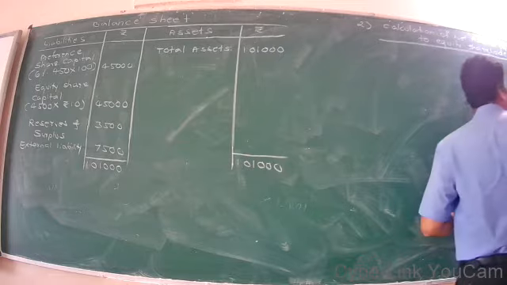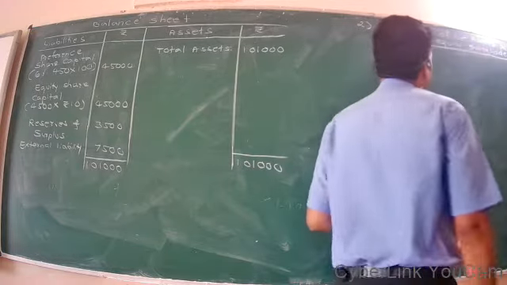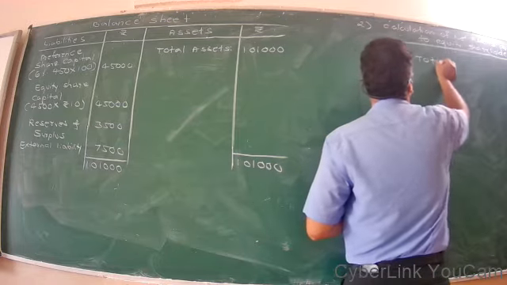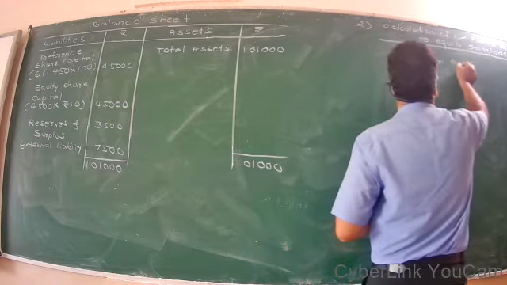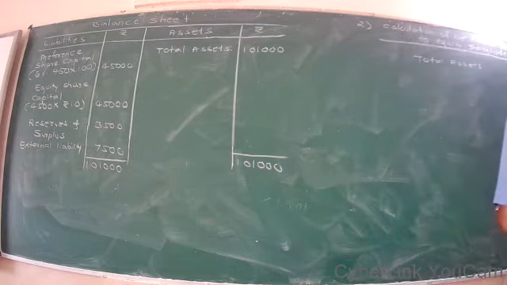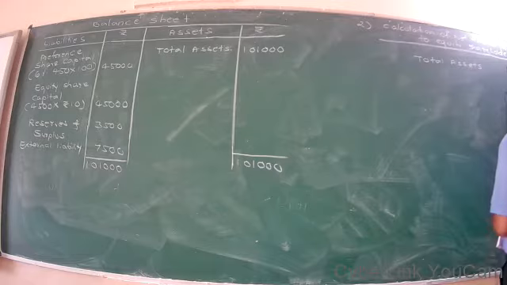Particulars, then amount in rupees. Total assets: we have derived 1 lakh 1,000.